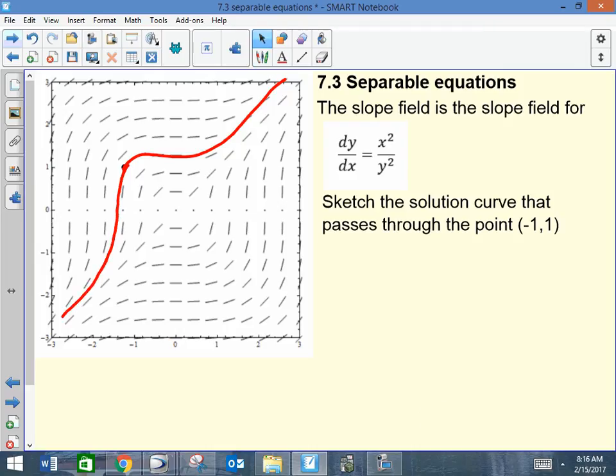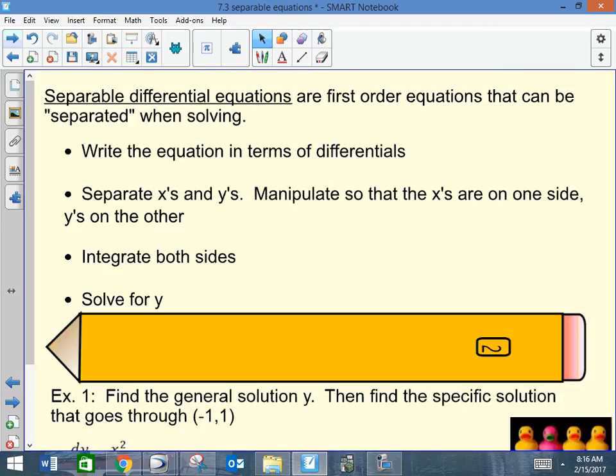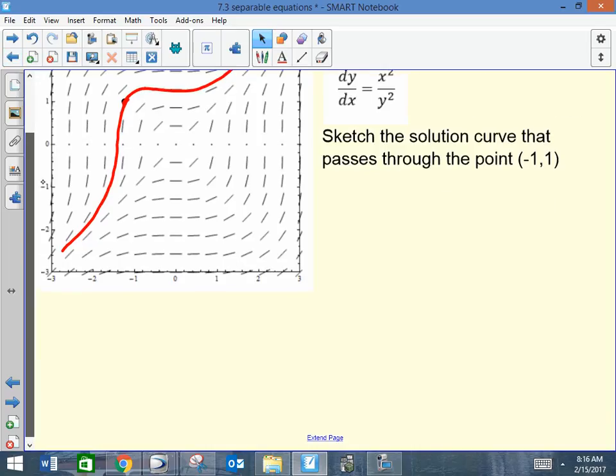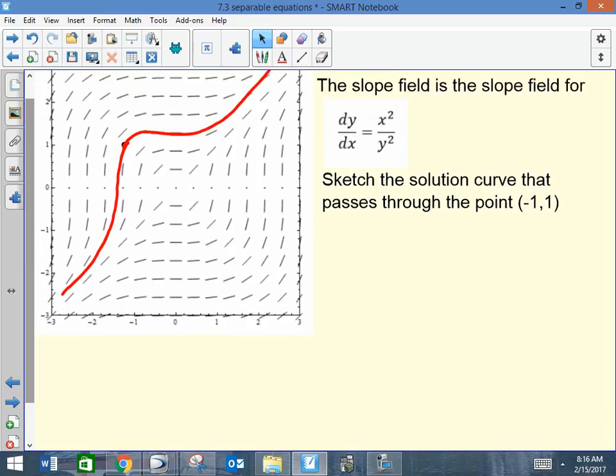Okay, good. So what we're going to do today is learn how to solve that particular slope field. We weren't able to do that before because of the y being in there.